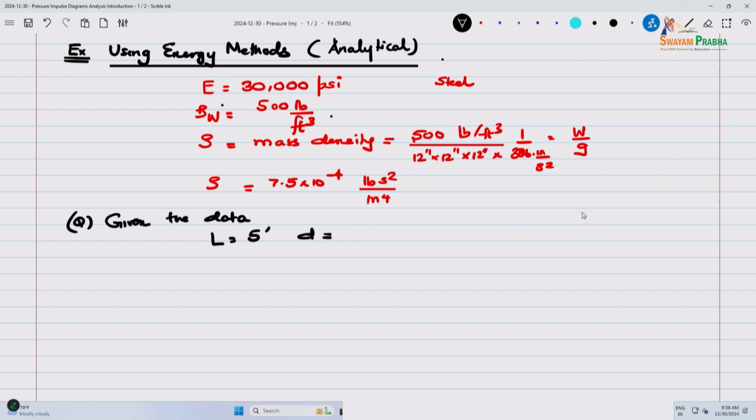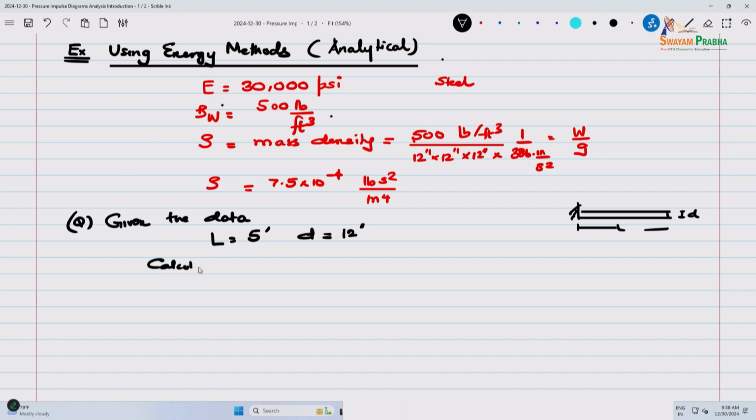So this is your L and this is the D. You can adapt it for other situations as well. So D is equal to 12 inches, and you're given a variety. We'll take 2 or 3 different cases, a variety of PR and IR. So those are the 2 data.